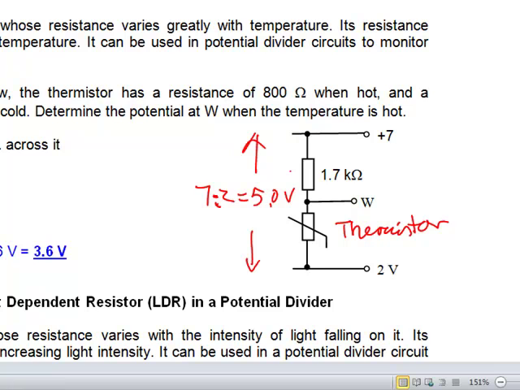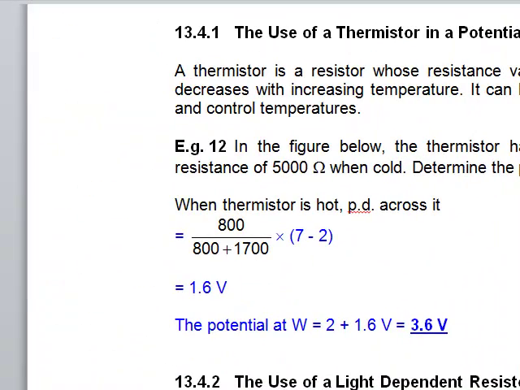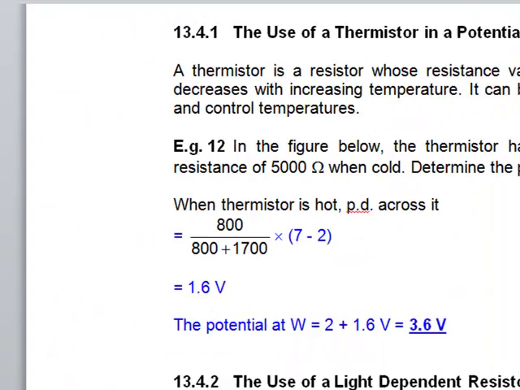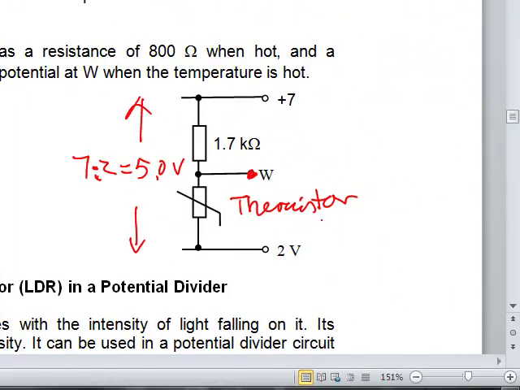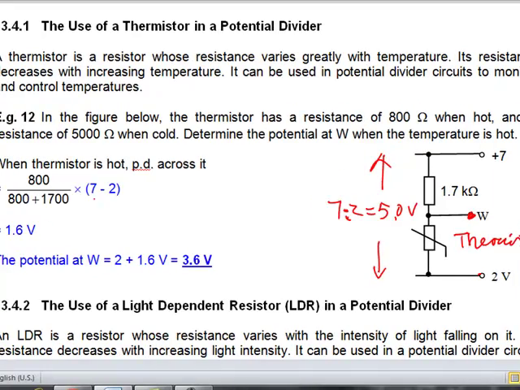Okay. Now when the thermistor is hot, the resistance is 800 ohm, and when it is cold it's 5000 ohm. You're asked to find the potential at point W when the temperature is hot. So if you apply the potential divider equation across, that means between the 2 points W and the 2 volt, right?